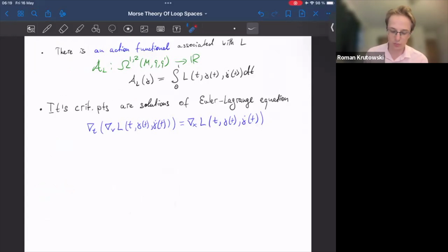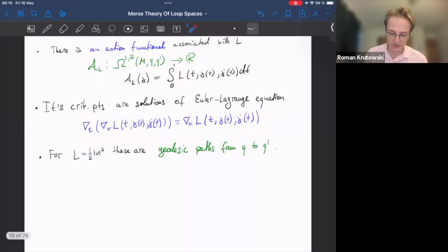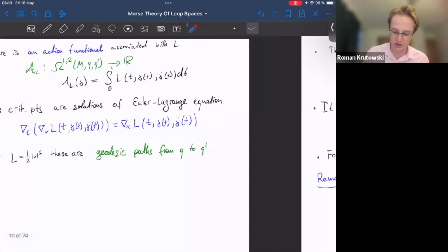And the critical points of this function on this whole Hilbert manifold are exactly the solutions of this equation. And for instance, in the example of half of the norm squared, we recover geodesic paths from Q to Q prime. These are the generators, and Morse theory would count certain gradient trajectories between these geodesics.